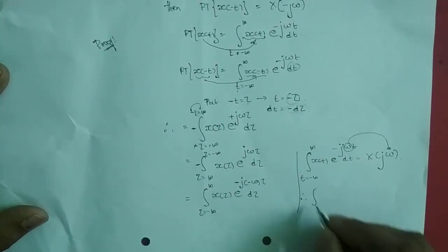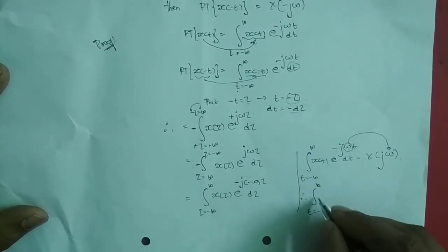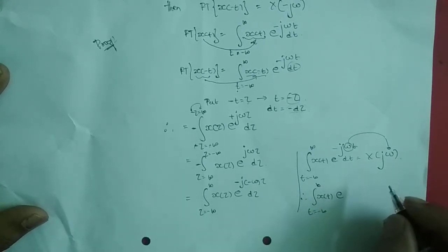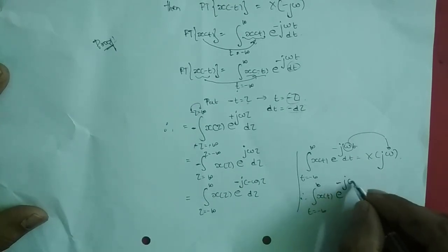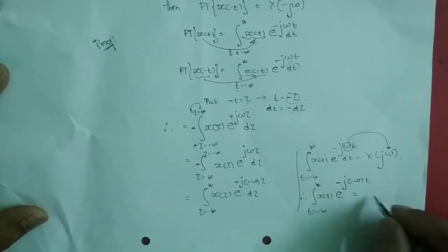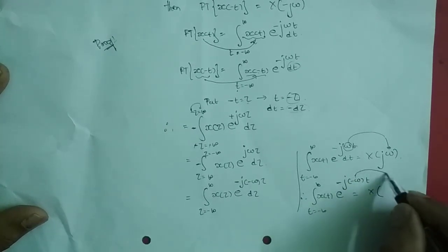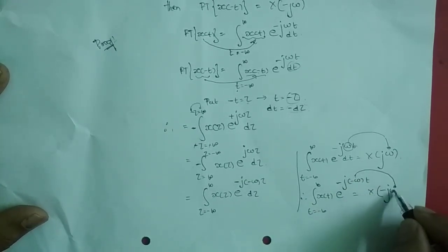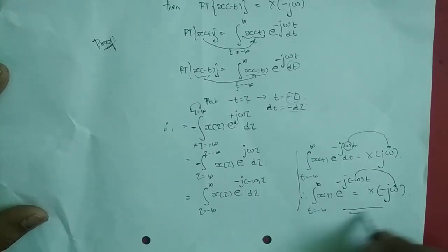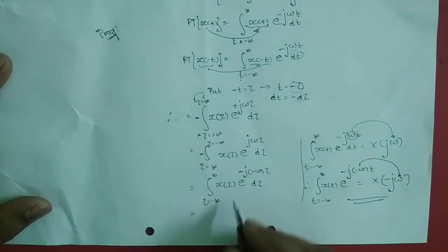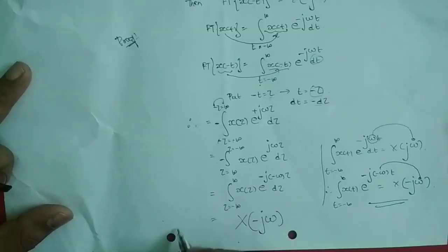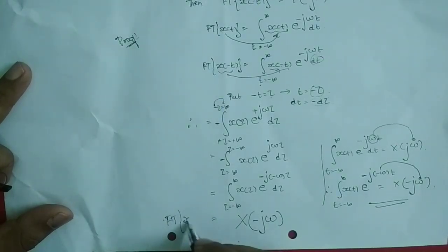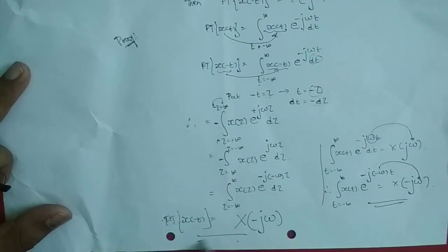Therefore, the integral of x of t e power minus of j into minus omega t will become X of, so this minus omega will come here, so minus j omega. So using this result, this is nothing but capital X of minus j omega. So the left hand side is the Fourier transform of x of minus t. So this is the proof.